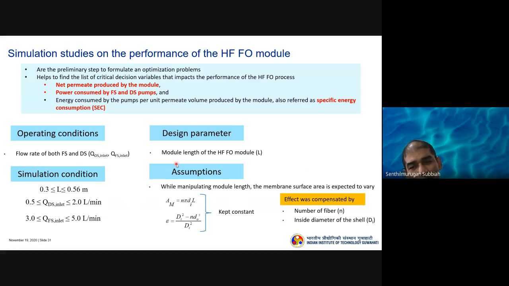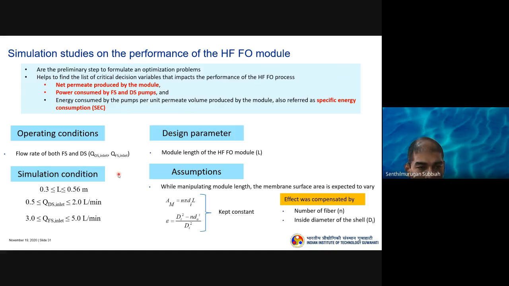Now, once you develop a model, one has to establish the simulation study. Why do we need a simulation? To study the performance of the process before conducting the experiments.